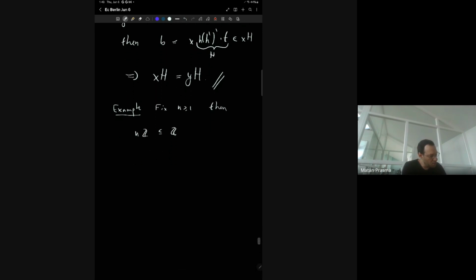And so what the proposition we proved before the break says is that if you take the collection of all cosets x plus nZ, where you run over all elements in Z, you get the whole thing.